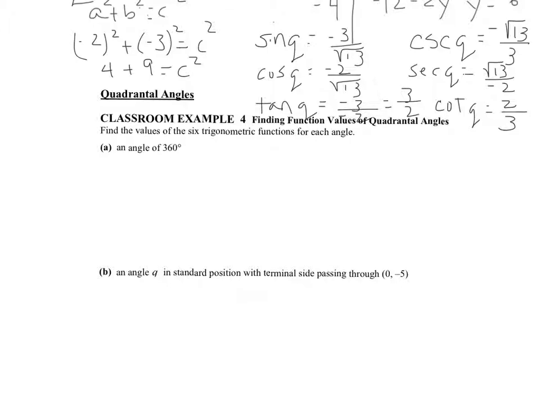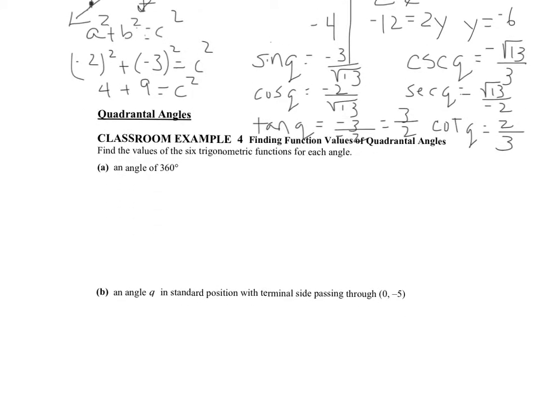So in other words, think about what it would look like if you drew an angle that's 90 degrees. You would have your coordinate plane, and if we were doing a 90-degree angle, we would start here at the x-axis and then come up to the y-axis.